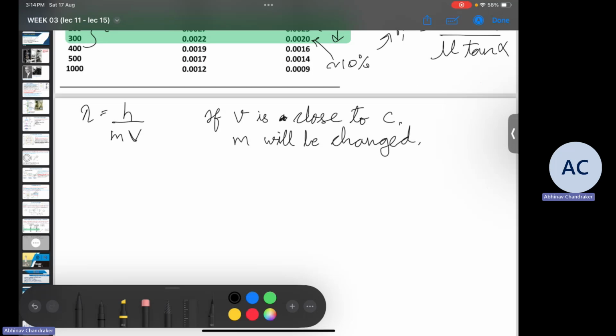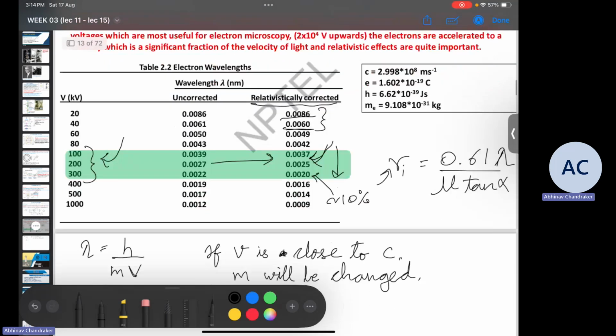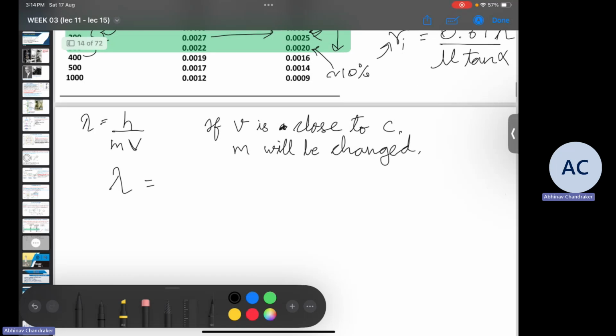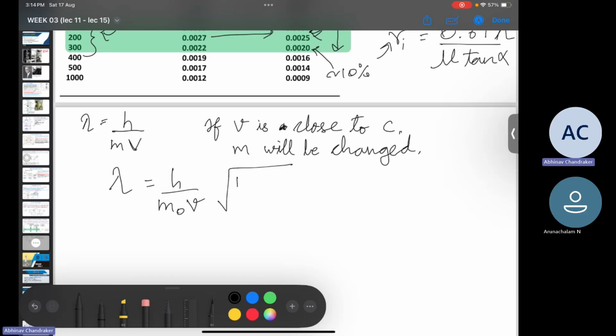And the exact formula for calculating the relativistically corrected wavelength is like this. Let's call it lambda star.